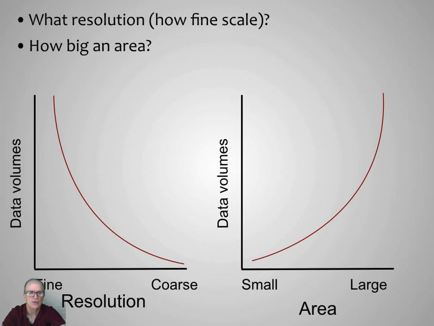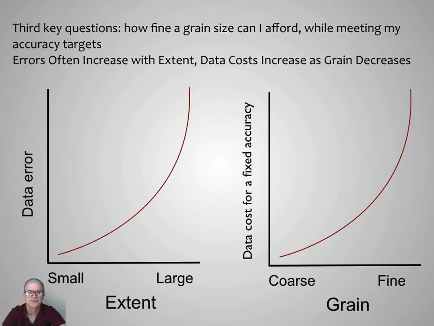The other thing that's important is the cost of this fine resolution. As the extent increases, the error accumulated across your distances is likely to increase, and the data cost for a fixed level of accuracy increases as you get finer grain. So the third key question is, what grain size can I afford while meeting my accuracy targets?